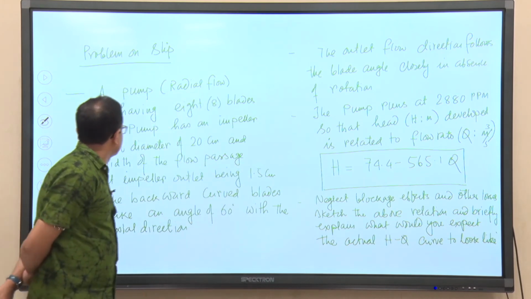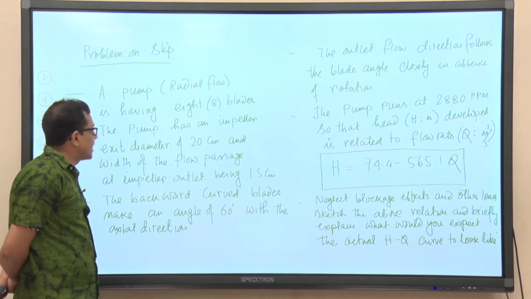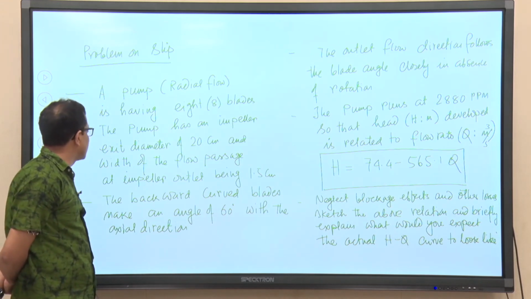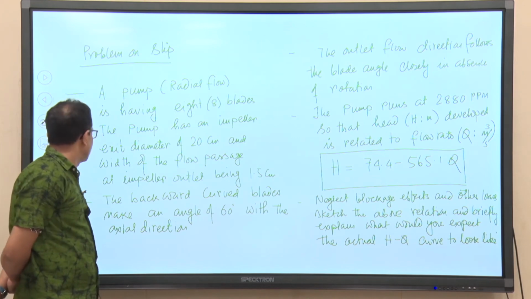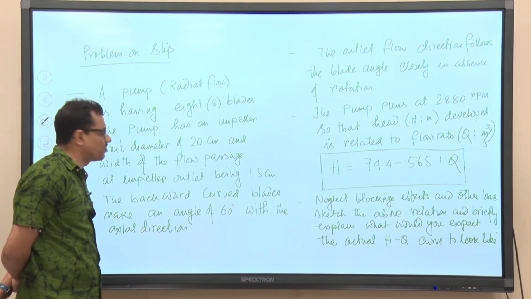Now, the first statement given is a radial flow pump having 8 blades, and the pump has an impeller exit diameter of 20 centimeter and width of the flow passes at impeller outlet being 1.5 centimeter.